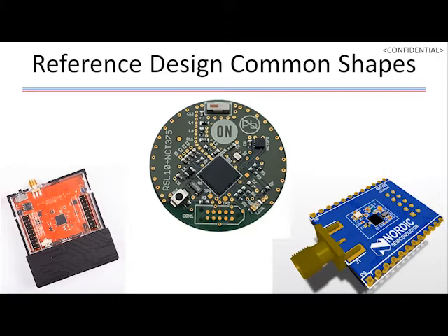What I'm trying to do today is guide you through the steps of selecting, first of all, what chipset is best for you based on what stack or frequency it's going to operate in, as well as what protocol it is going to use, either Bluetooth, Wi-Fi, Zigbee, LoRa, and so on.